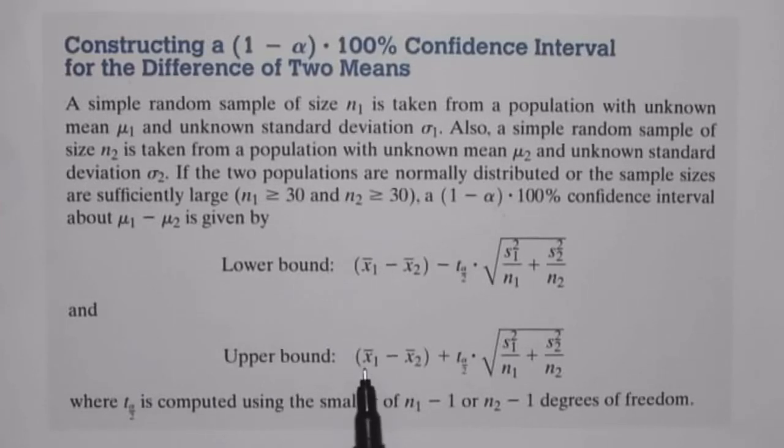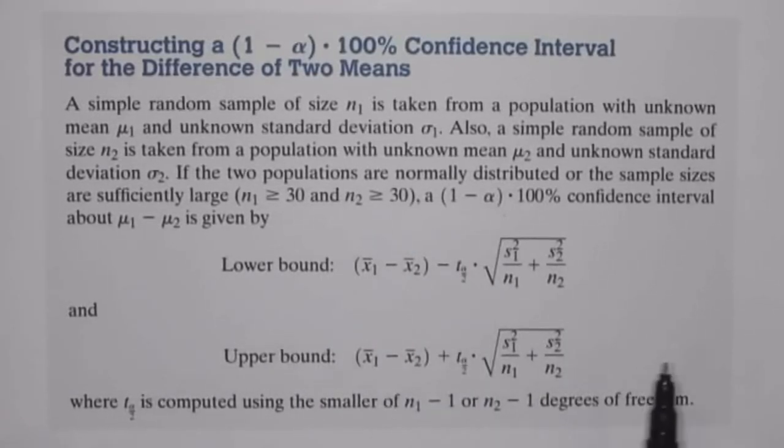And the upper bound will be x bar sub 1 minus x bar sub 2 plus t sub alpha over 2 times the square root of s sub 1 squared over n sub 1 plus s sub 2 squared over n sub 2, where t sub alpha over 2 is computed using the smaller of n sub 1 minus 1 or n sub 2 minus 1 degrees of freedom.